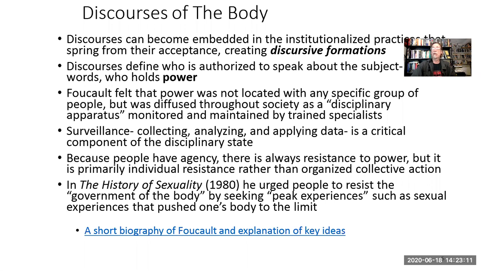But for Foucault, power was everywhere and nowhere. It was dispersed throughout the web of social relations. So if you wanted to revolt against the way things were, there was really no one place to focus your anger and your rage. It was spread throughout the system.